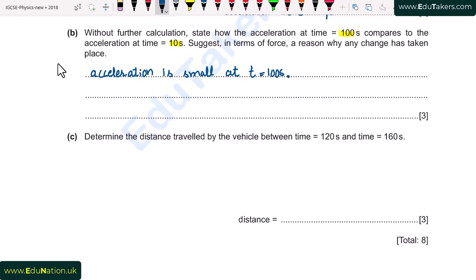And we also have to explain in terms of force. That's why I'm writing, as speed increases, then the force due to air resistance also increases.